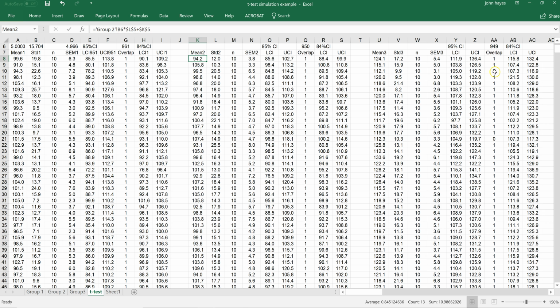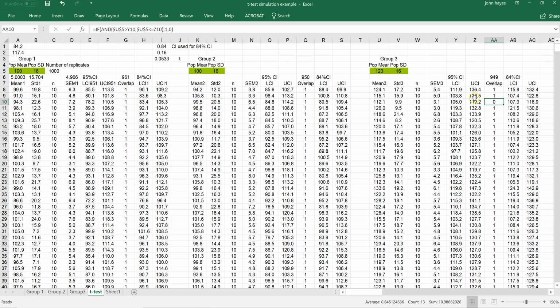That means that, for example, this one, 105 to 119, did not overlap 120. So remember, we're calculating a different confidence interval every time based on the sample. And the idea is that 95% of the time, the confidence interval calculated from the sample will overlap the true mean of 120.